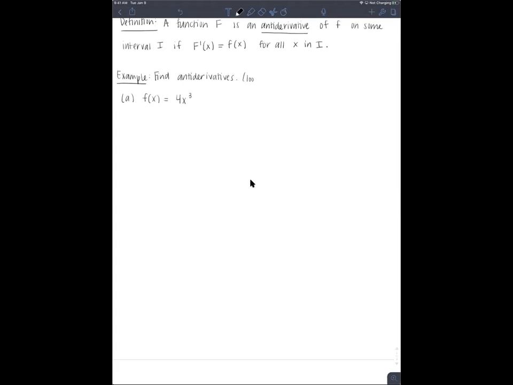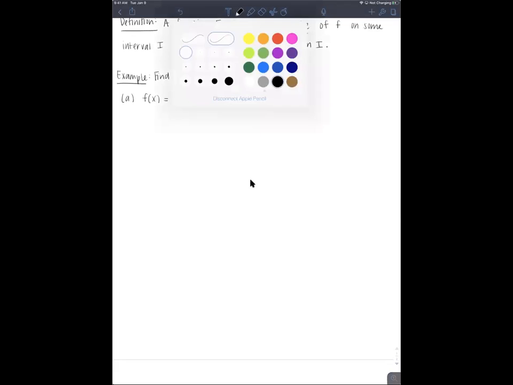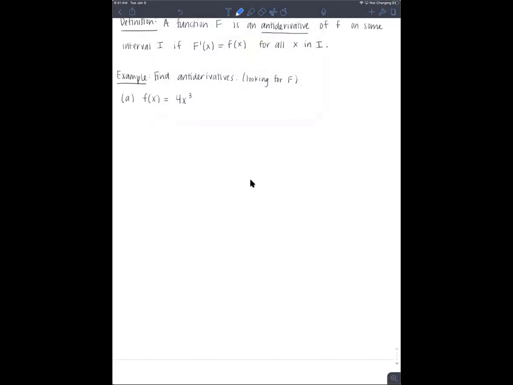So here we're looking for capital F. And so essentially, in words, if I were to explain this, you're working backwards, right? And so here, work backwards to find F, to find big F.